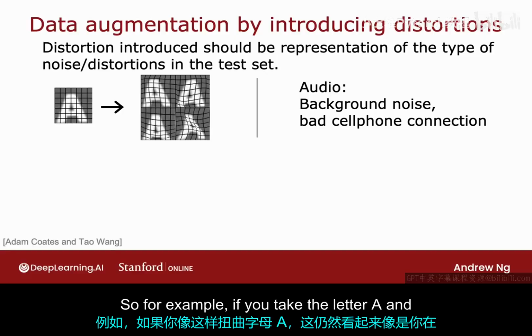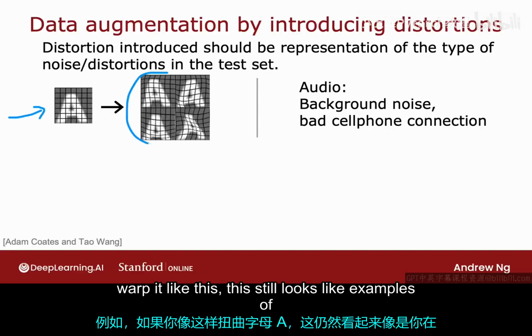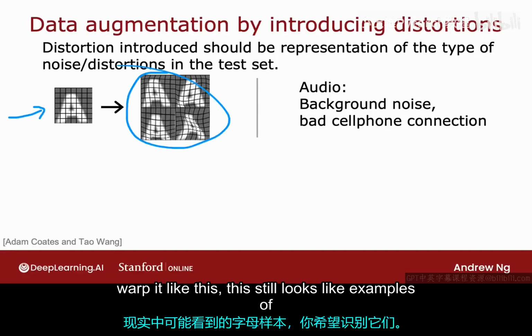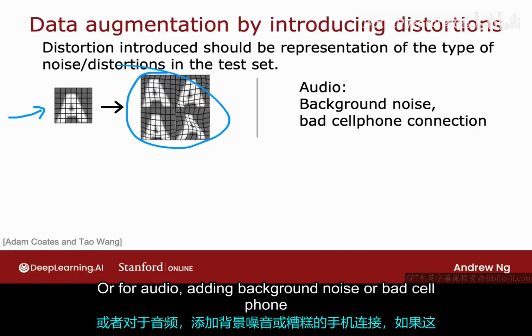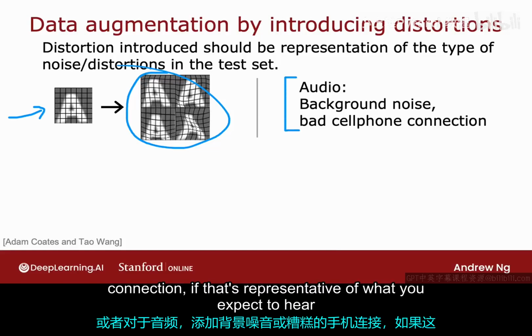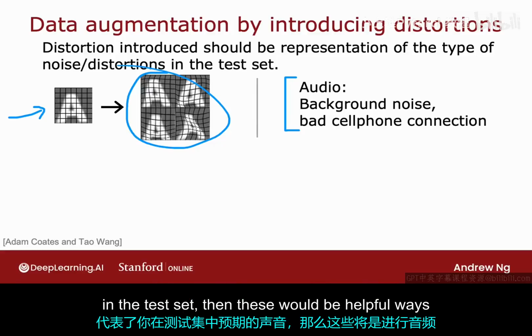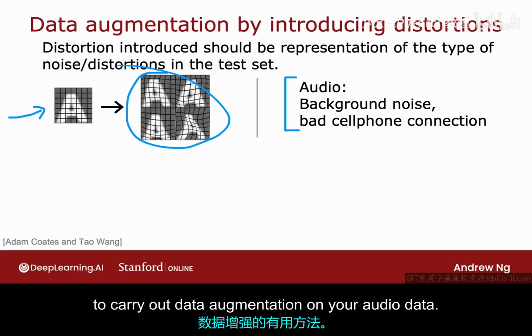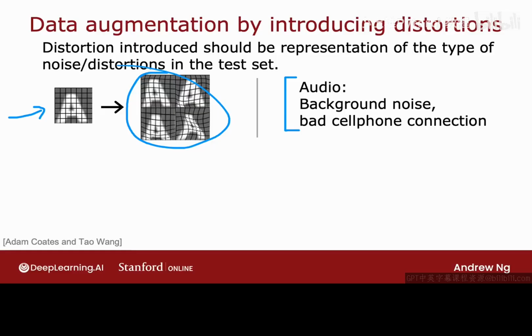So, for example, if you take the letter A and warp it like this, it still looks like examples of letters you might see out there that you would like it to recognize. Or for audio, adding background noise or a bad cell phone connection, if that's representative of what you expect to hear in the test set, then these would be helpful ways to carry out data augmentation on your audio data.